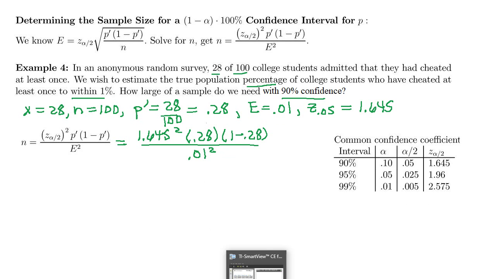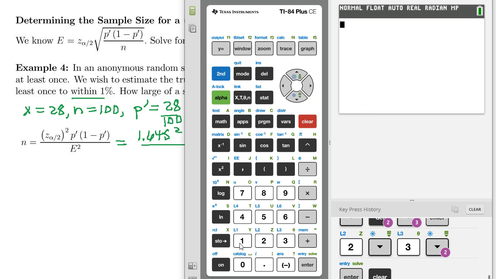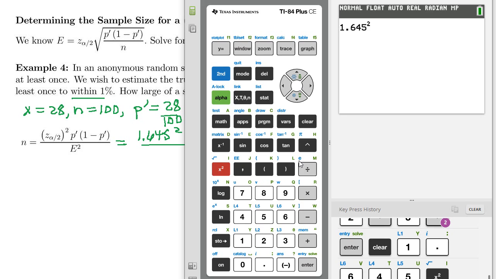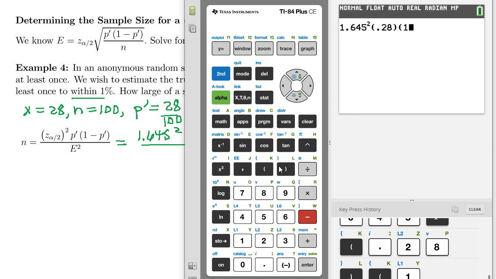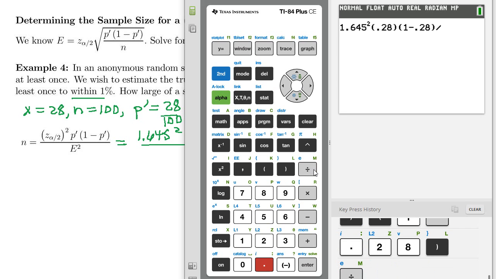So let's compute that. We've got 1.645 squared, and then times 0.28, and then times 1 minus 0.28. Close that up. All that gets divided by 0.01 squared.